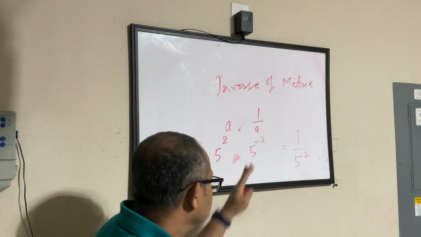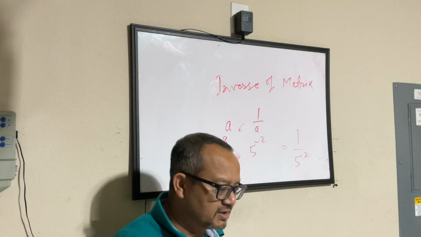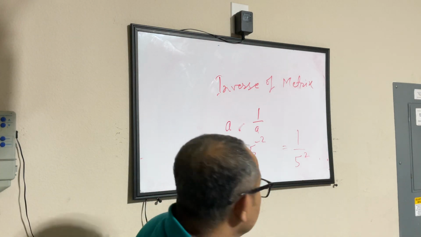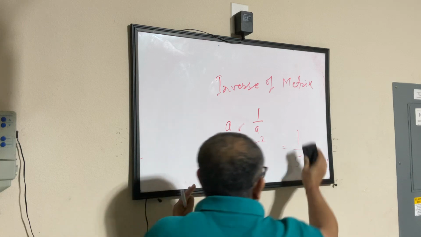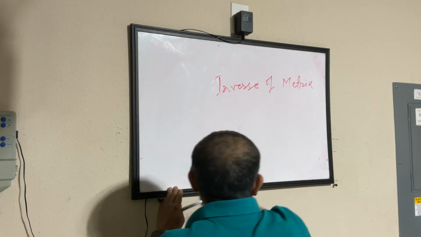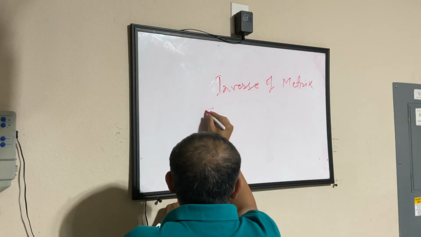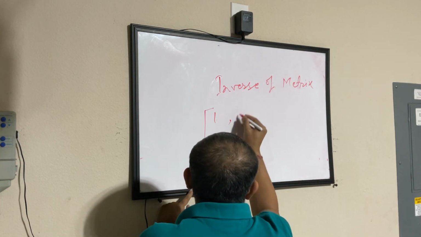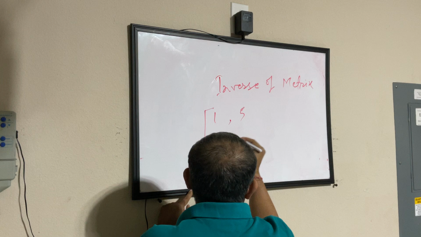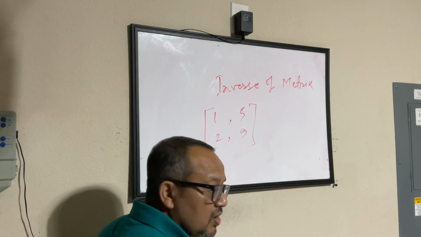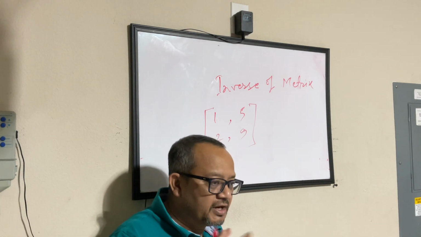So this is how you relate inverse, right? Now in matrix terms, what would it mean to us? That remains a little questionable. So if I have a 2 by 2 matrix, 1, 5, 2, 9, what would be the inverse of this? Any weird thought?